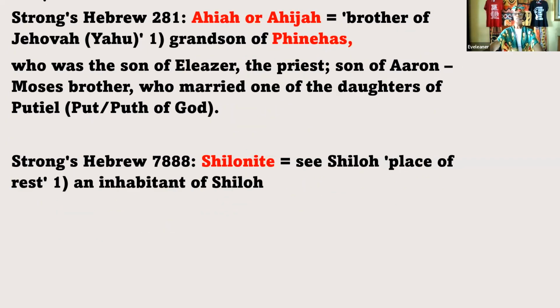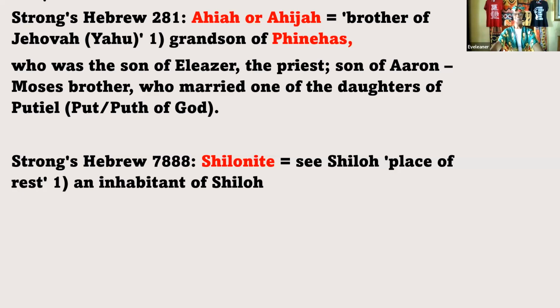But let's see what those two words that we had highlighted meant. In the Strong Hebrews, its name sometimes say Ahiah or Ahijah. And he was the brother, it says brother of Jehovah, Yahu. He's the grandson of Phinehas. Now, several videos back, we learned more about Phinehas.